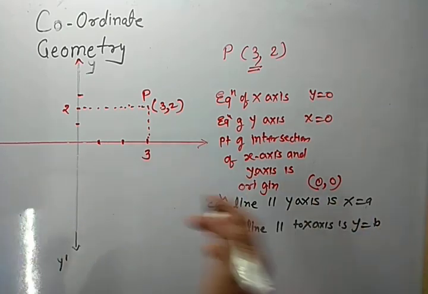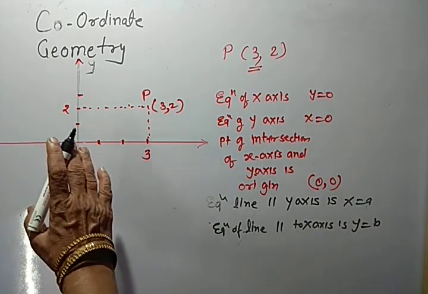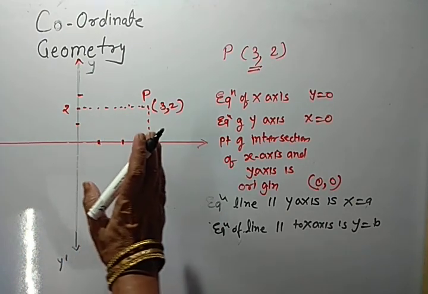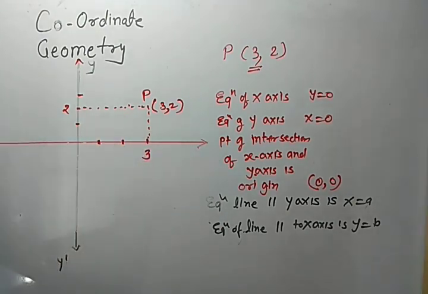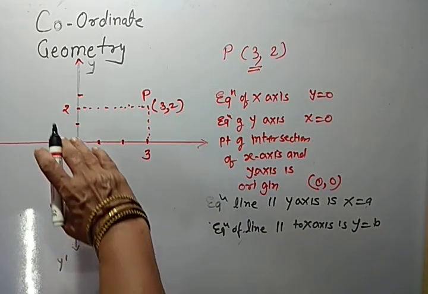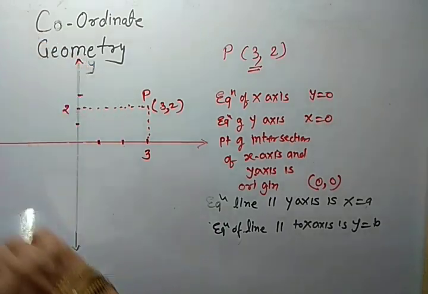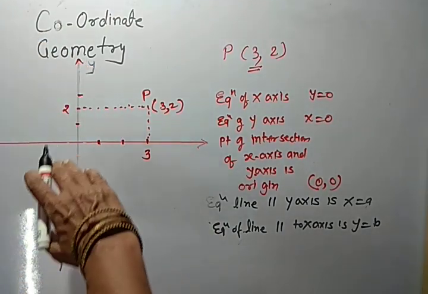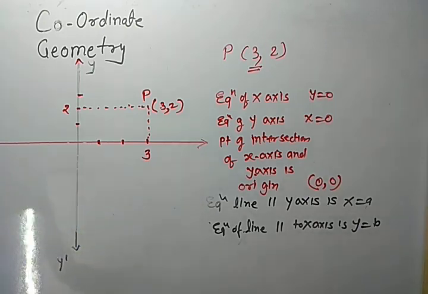If a is positive, the line lies on the right side of the y-axis. If a is negative, the line lies on the left side of the y-axis. If b is positive, the line lies on the upward side of the x-axis. If b is negative, the line is parallel towards the downward side.